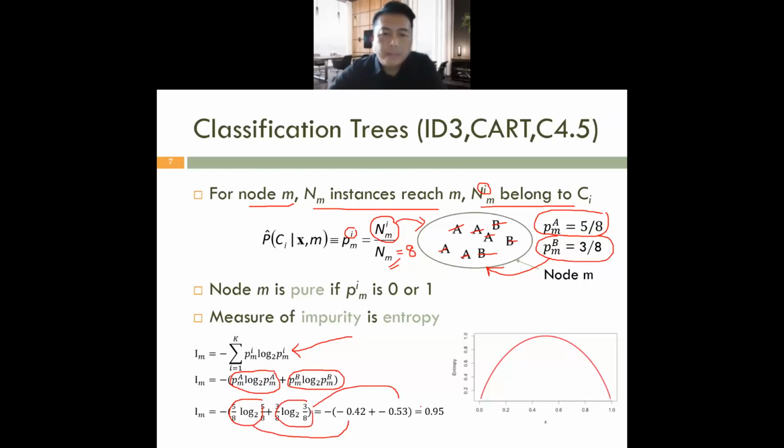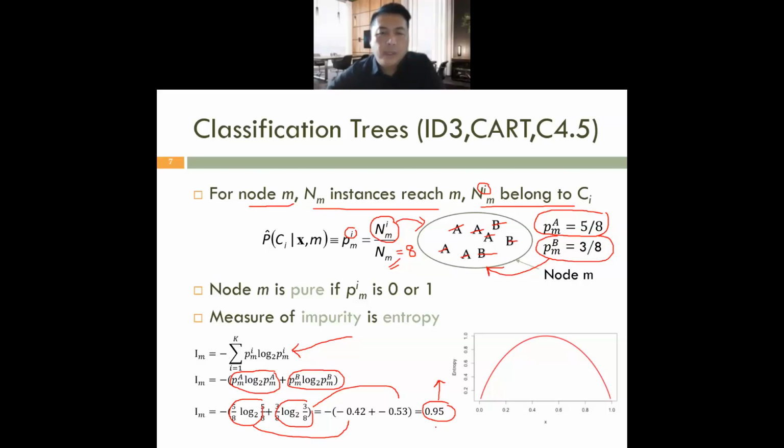When we add up the values, we have 0.95. So notice that your impurity is high, meaning it is not pure. You have a mixture of 2 classes here.